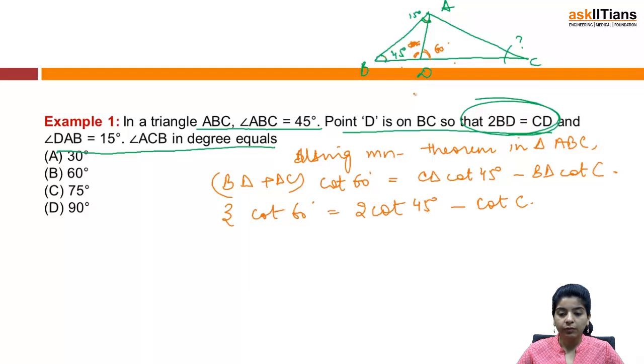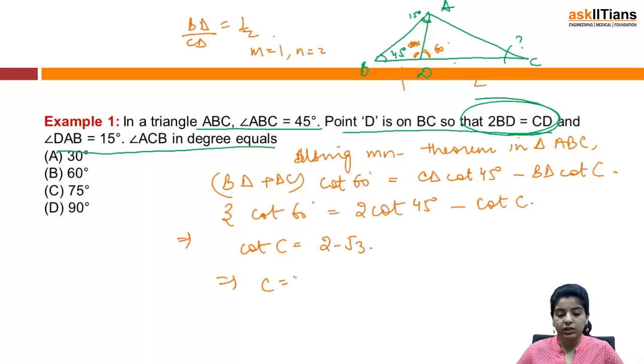So we have BD by CD is 1:2, which means m is 1, n is 2. So we have 3 as BD plus DC, and CD is 2, so 3 cot 60 equals 2 cot 45 minus 1 cot C. This implies cot C is equal to 2 minus root 3, which means C is 75 degrees. So the correct option is C.